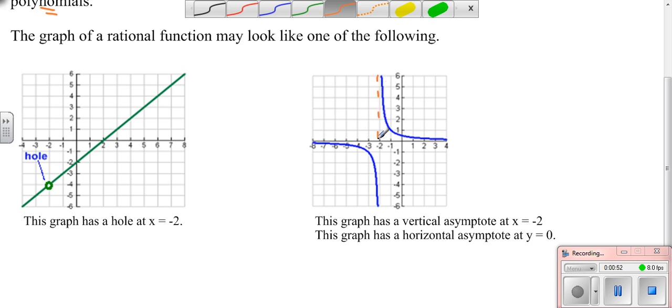We can see that at the vertical line of x equals -2, both of the graphs come up to and close to, but never equal or cross over that asymptote. There also appears to be one here at y equals 0. Both of these graphs come up to and get close to, but never equal or cross y equals 0.